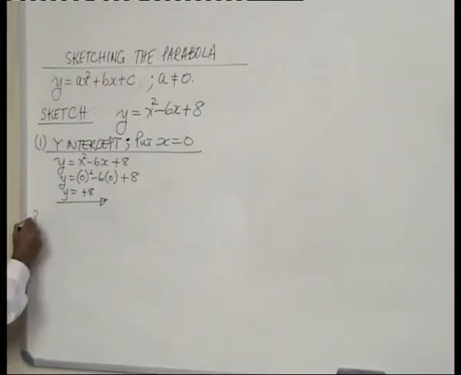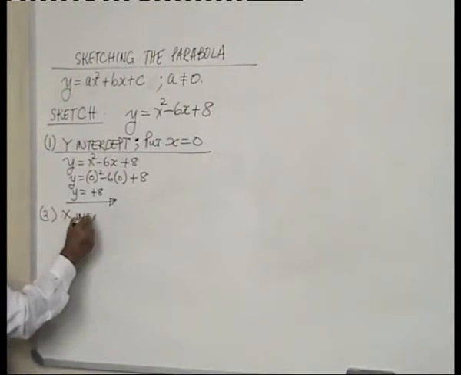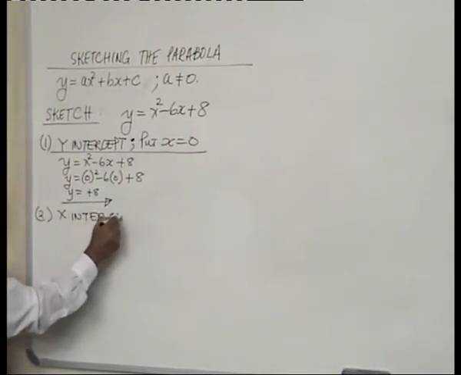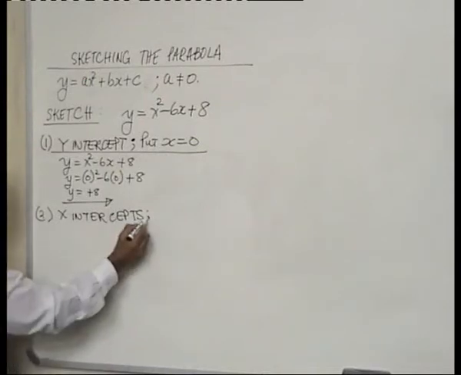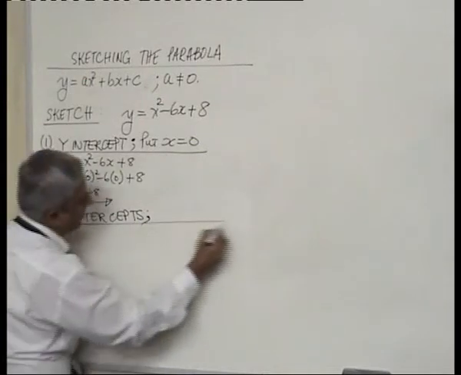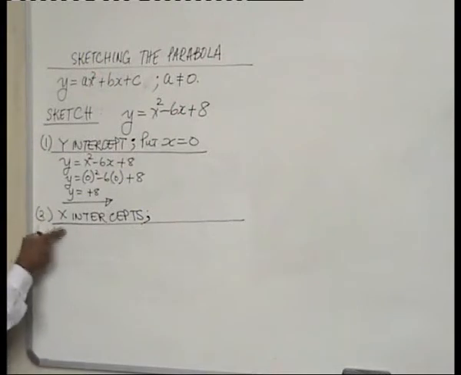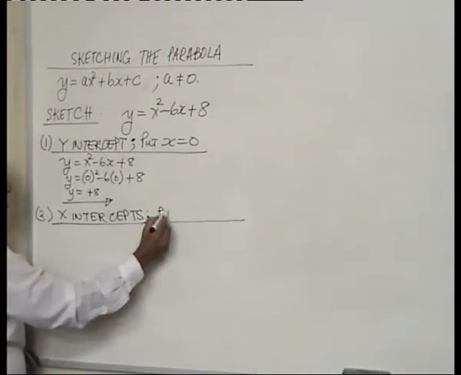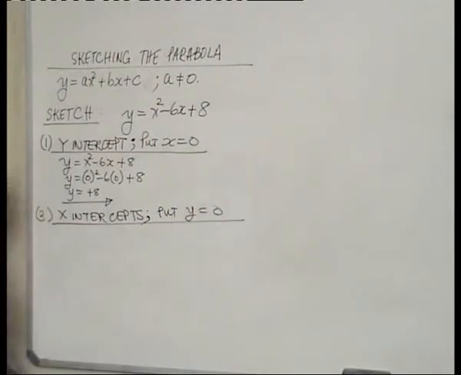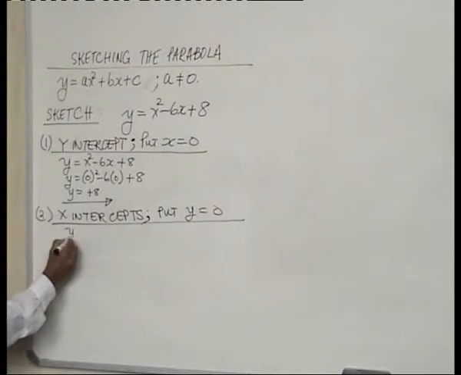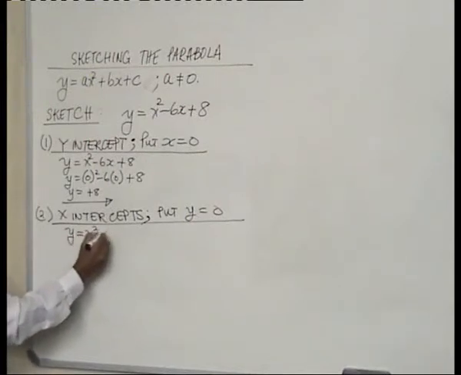Step 2, find the x-intercepts. Good. I'm hearing somebody whispering. The correct answer, that to find the x-intercepts, you put y equal to 0. So for convenience, first let's write it the normal way.